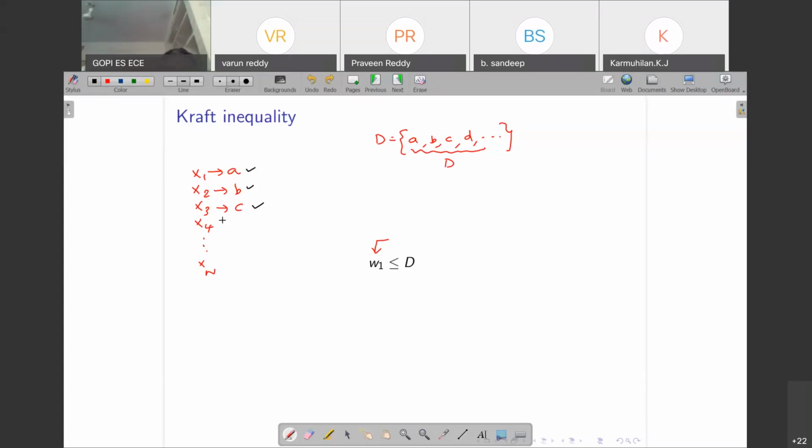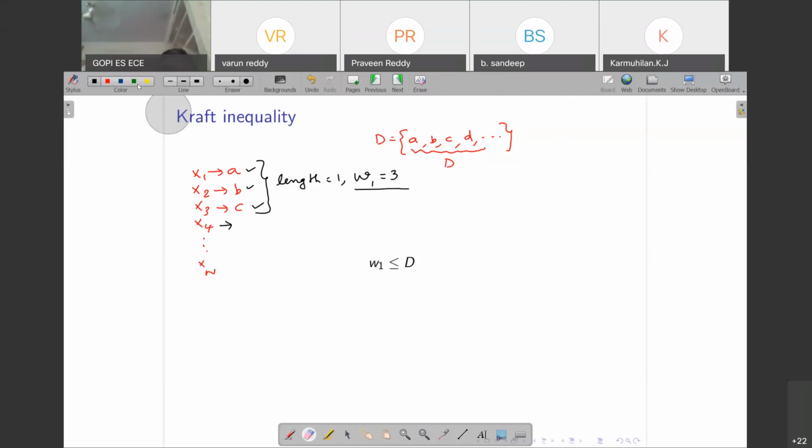So what is the bound on this W1? That is the question. The maximum possible is only D, because we have these symbols. Say D is 10, A, B, C, and so on, you are having 10 elements in it. So your W1 should definitely be less than or equal to 10. Here 3 is less than or equal to 10.